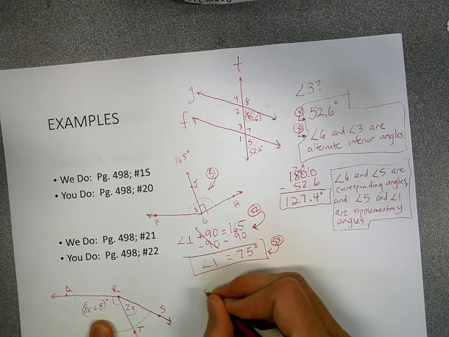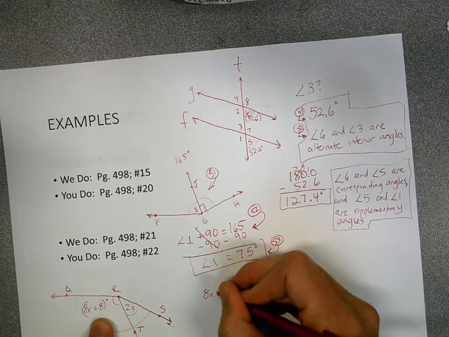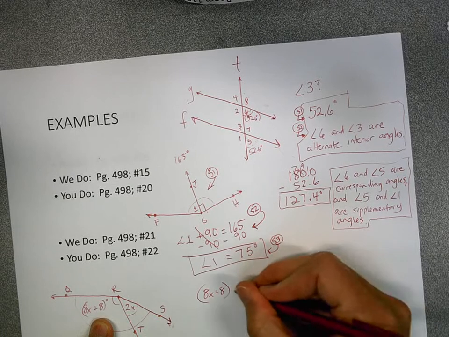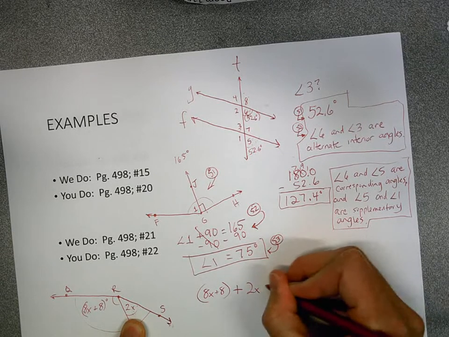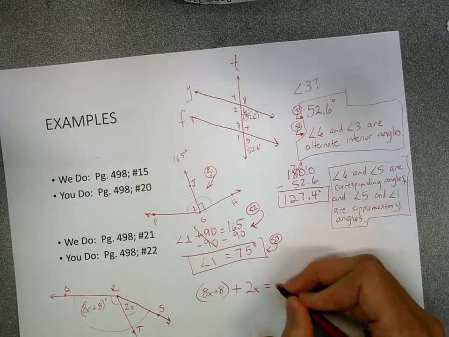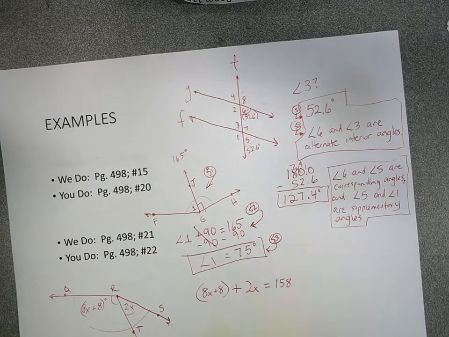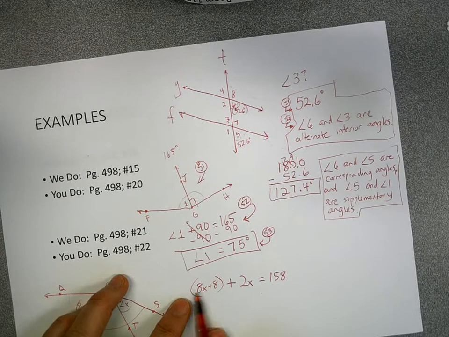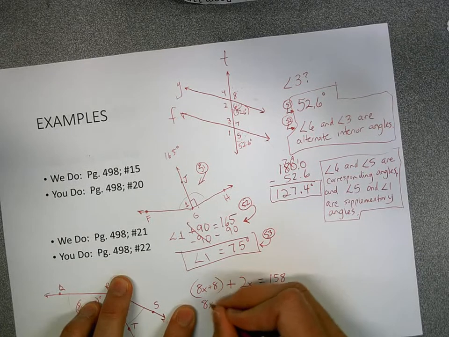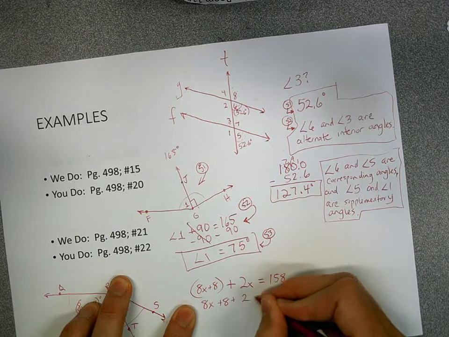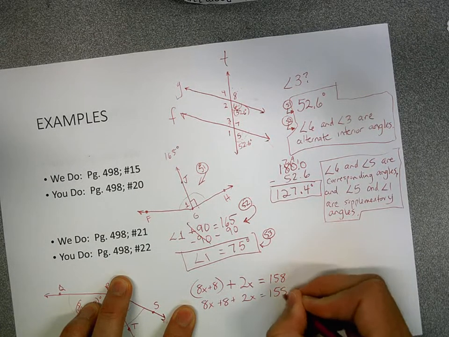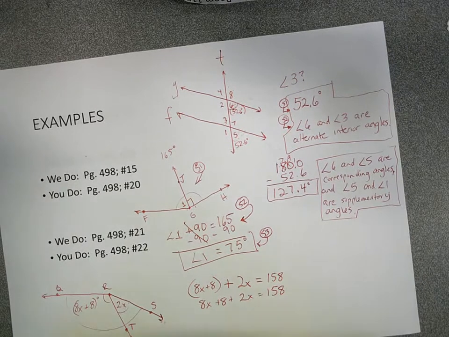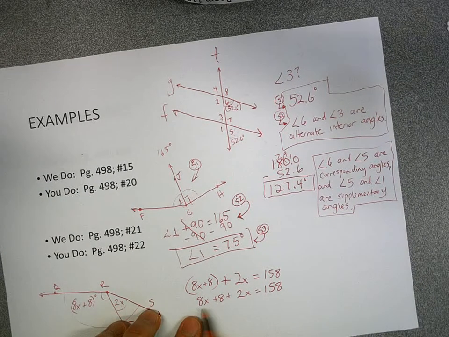So what that means is I'm going to go ahead and build my equation. So we have 8x plus 8 plus the 2x is equal to what they said was 158 degrees. Now, this is all positive value. With that said, I can actually just drop my parentheses when solving this. Don't have to change any signs or use the distributive property. Then I can combine like terms.